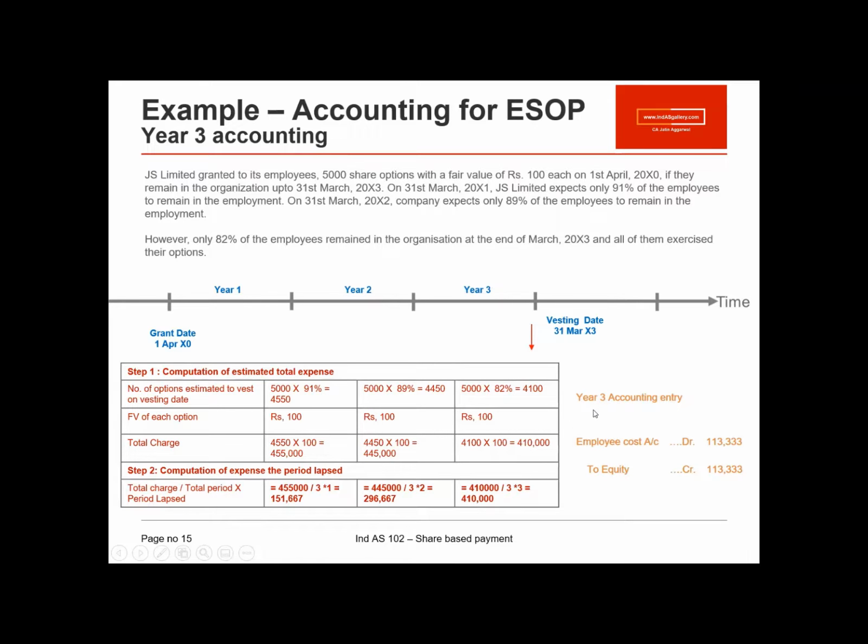In this case, my accounting entry at the end of year 3 is going to be employee cost account debited 113,333 to equity reserve, which is 113,333. How have we computed this 113,333? This is nothing but the difference between the cumulative charge as at end of year 3 minus the cumulative charge as at end of year 2.